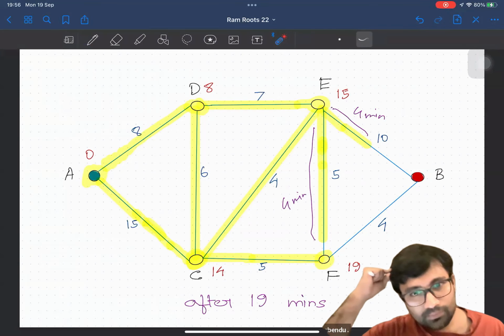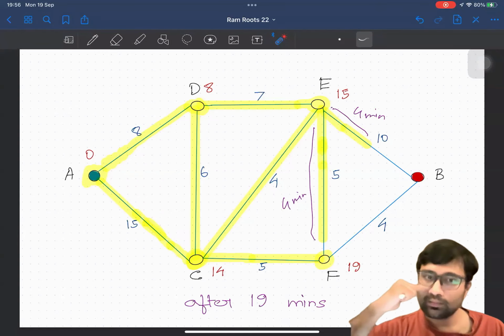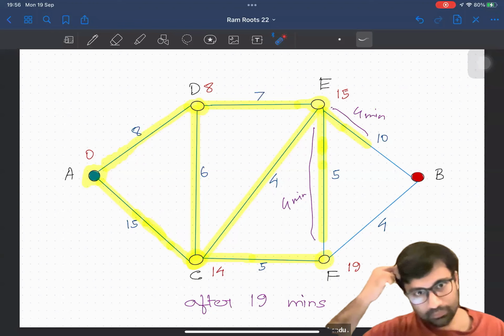So that will become 5 minutes. And then from F to B, it will take 4 minutes more, right, sir? Yes. So if it is taking 4 minutes for E to be in the middle, so 9 minutes it must have covered. So 1 more minute for E and B to reach. Am I right, sir?